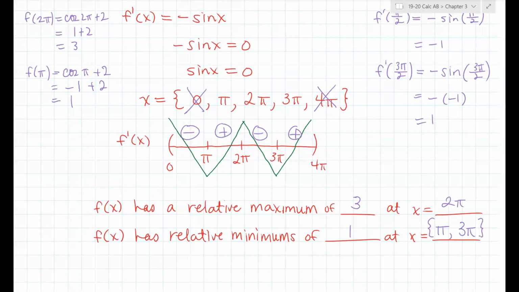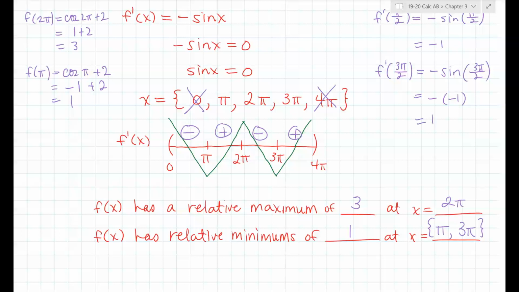So before I stop with this example, think about the graph. For this one it will, because it's oscillating. So it only goes a certain height up and a certain height down.